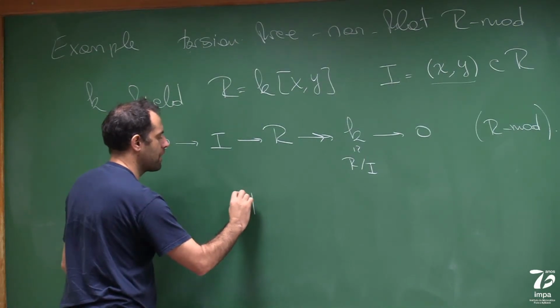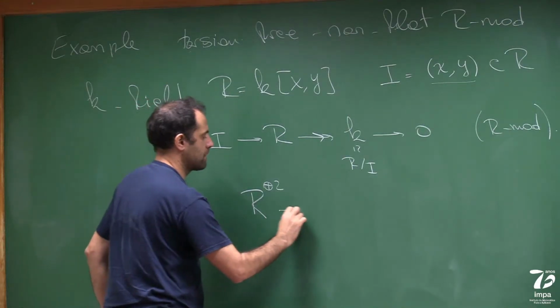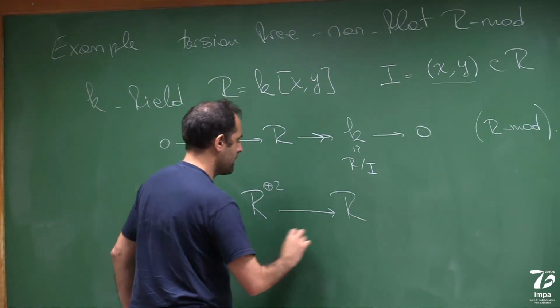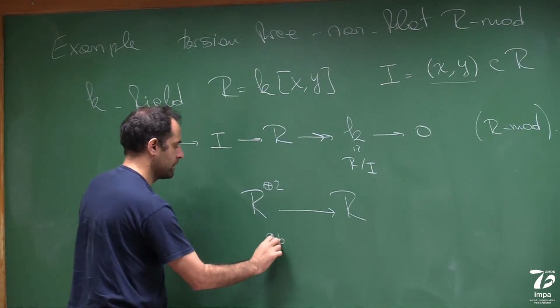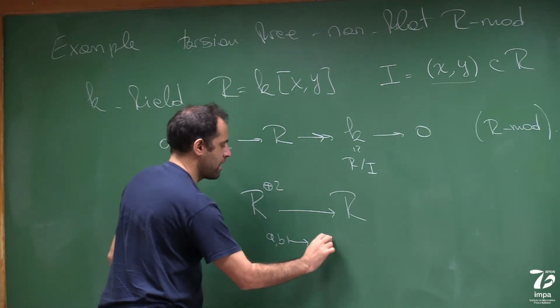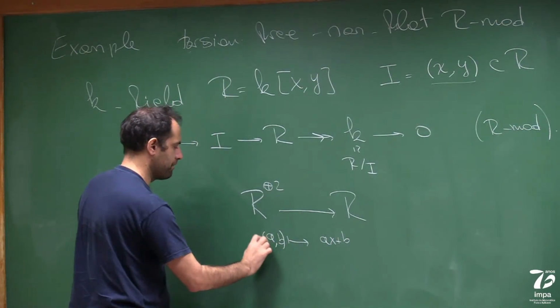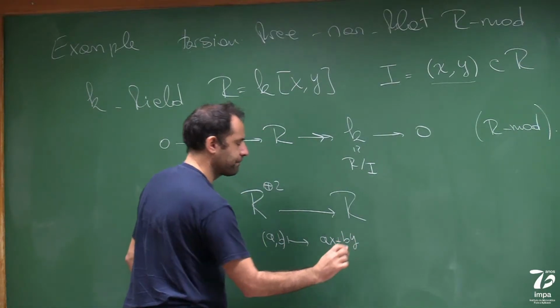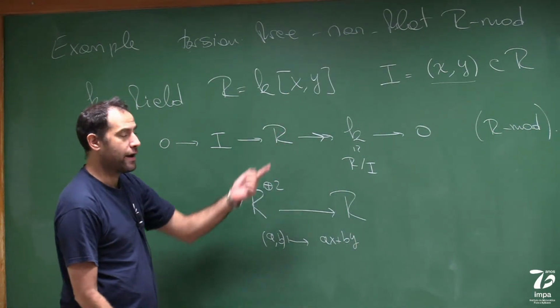We took R, took two copies of it, and mapped it to R, and this map sent (A, B) to AX plus BY. So the image of this thing is clearly the ideal I.